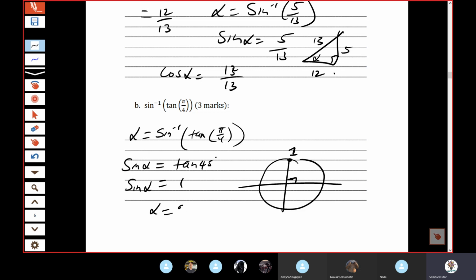So alpha has to equal 90 degrees. It's like you're fudging it out. It's a bad question. It was a silly question to ask, but I guess that's what I would be drawing to show that I've used something.